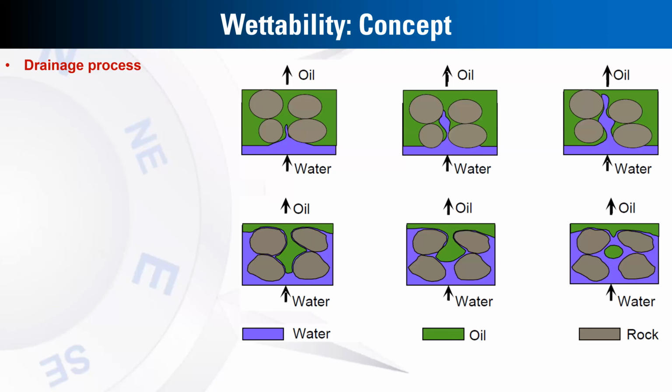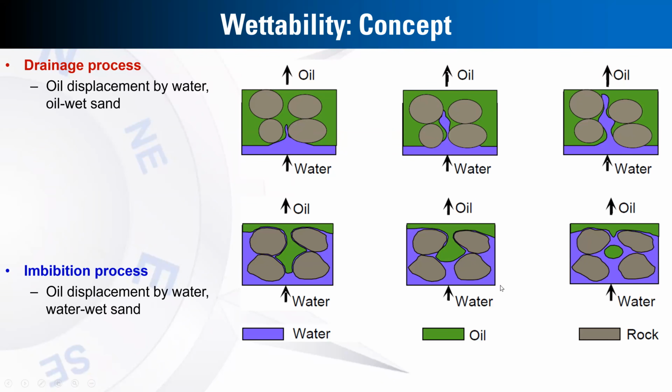So wettability is an important parameter and an important scale measurement. Wettability is the tendency of a fluid to wet the rock surface in porous media, maybe oil-wet, water-wet, or mixed wettability. But we have to define two different processes.